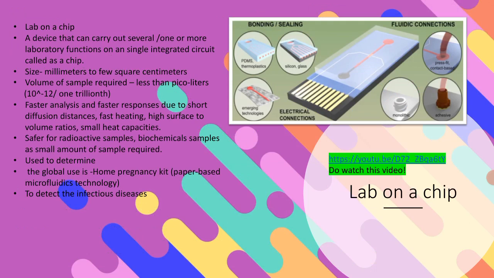The methods and tests which are carried out in laboratories can also be carried out using a chip. We can say that the whole lab can be incorporated on a chip to give a result that will be very specific and accurate. So we will start the lab on a chip.